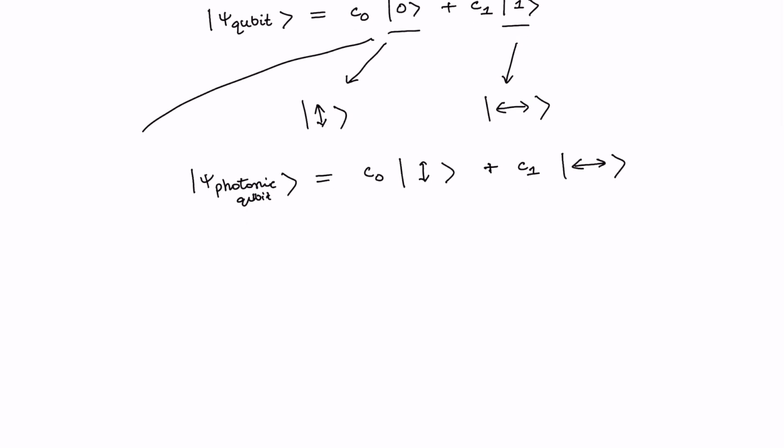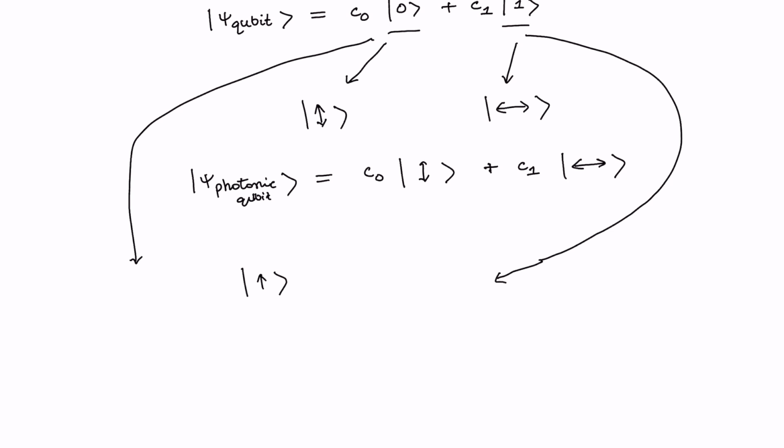Or we can also have a situation where |0> is represented by spin half of the electron. For example, if we exploit the electron as a qubit system, then spin up would represent |0> and |1> would be represented by the spin down state of the electron.